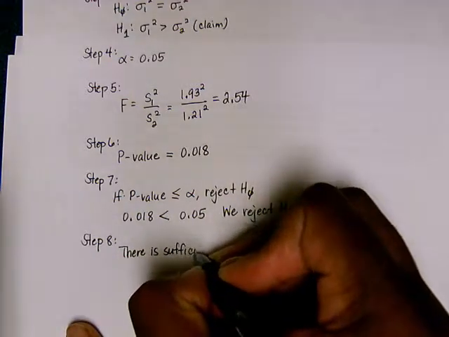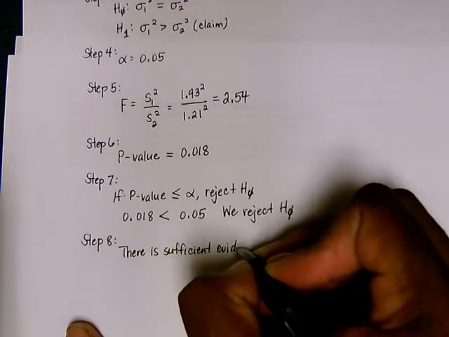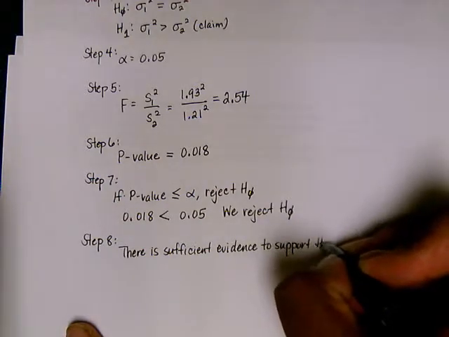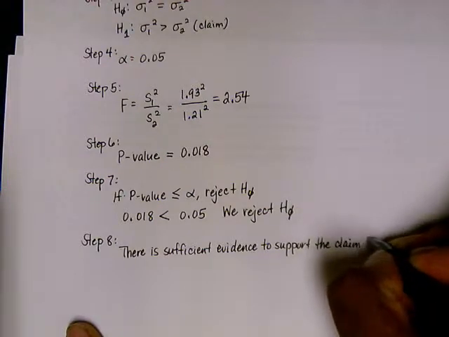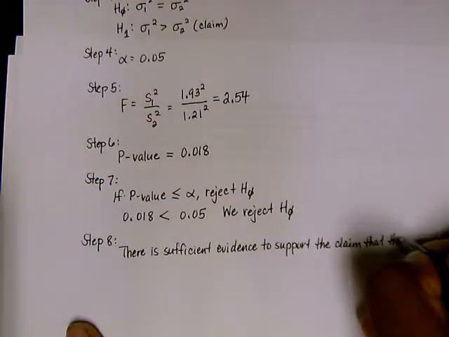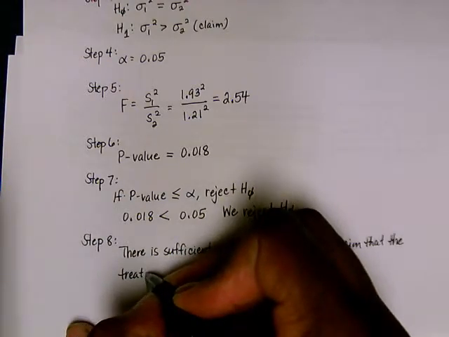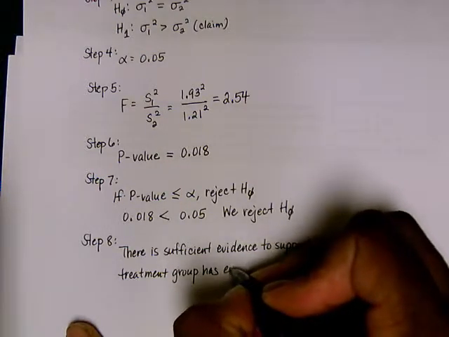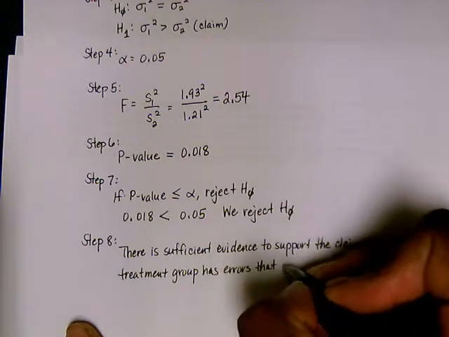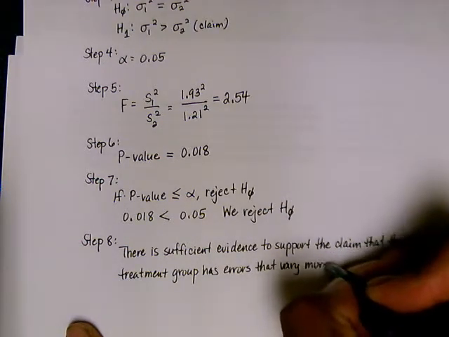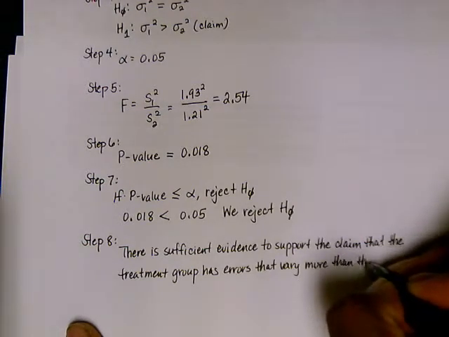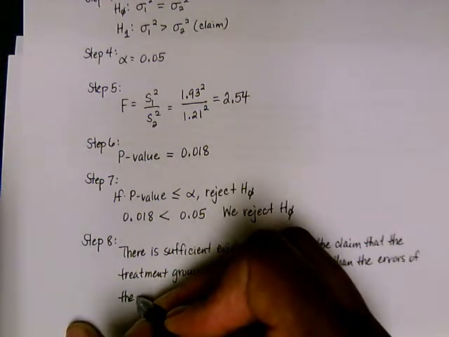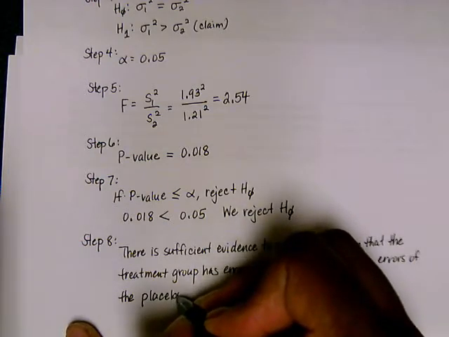So we've got there is sufficient evidence to support the claim that the treatment group has errors that vary more than the errors of the placebo group.